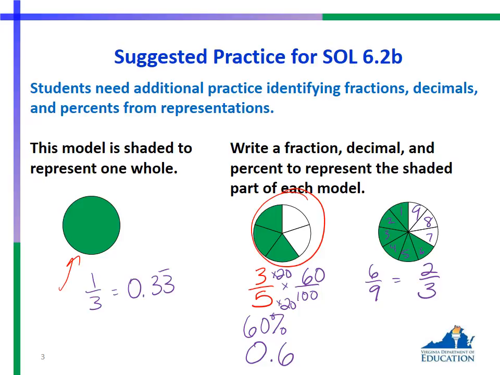So if I have 2 of those, I can multiply that by 2 to get 0.66 with a line over it. So I can say that our decimal is 0.66, and that repeats forever. Or I can write that as 66.6 with a line over it percent.